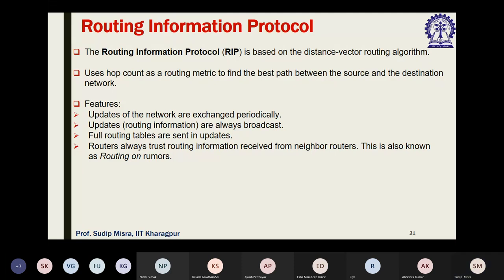So let's take a topology like this. And I told you already that when you talk about routing, we are talking about a collection of routers through which the packets are going to flow.